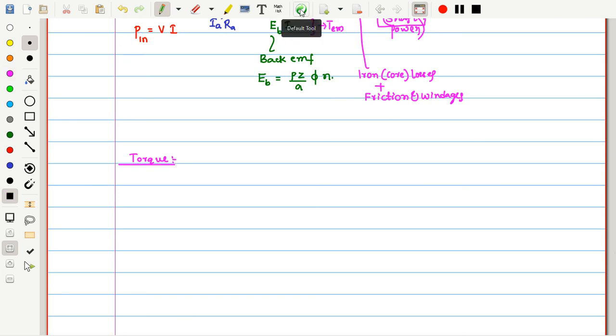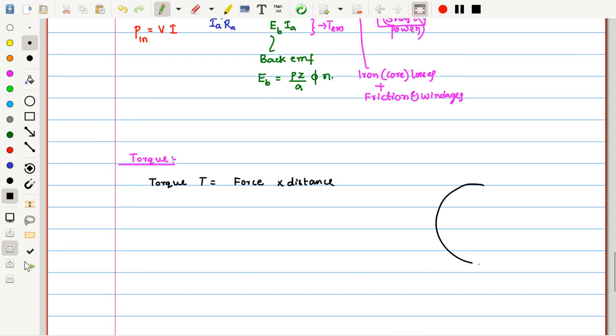See here, generally you should understand from the mechanical subjects that the torque is equal to force into distance.